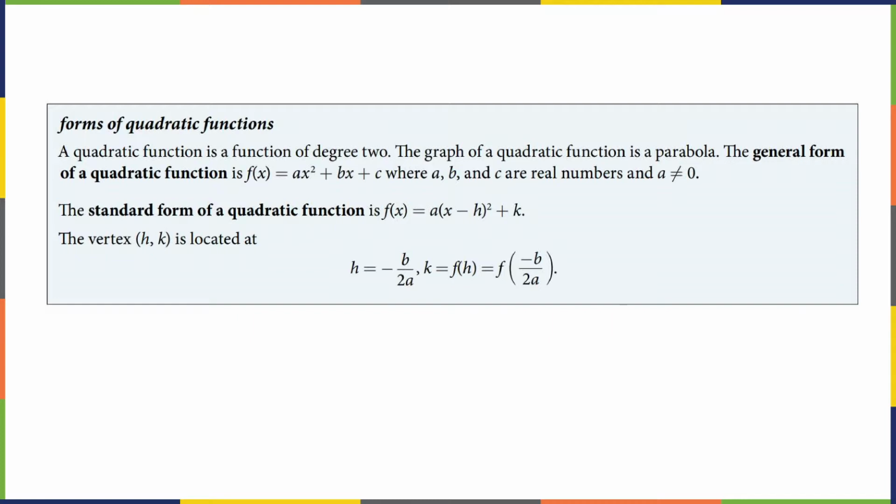The vertex (h, k) is located at h equals negative b over 2a, because remember, our axis of symmetry formula for general form is x equals negative b over 2a, and that's the x coordinate of the vertex. And then to find the y coordinate of the vertex, you plug what you get for the x coordinate, or h, into the function. Okay, so remember, this is kind of our key set of information of everything that we've just talked about.